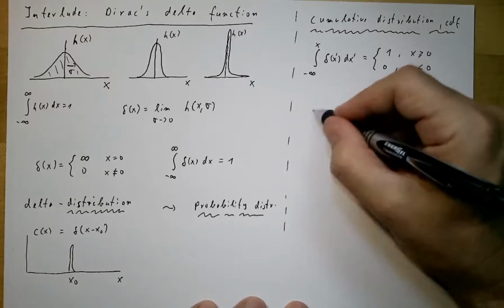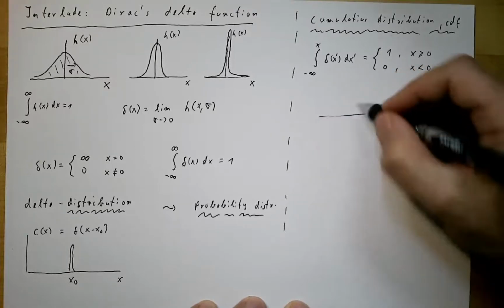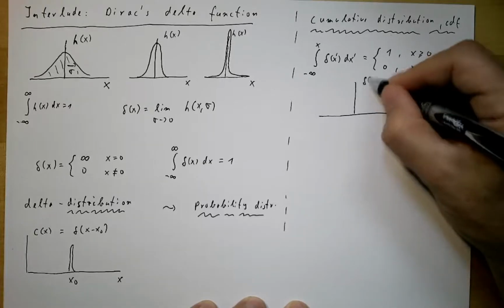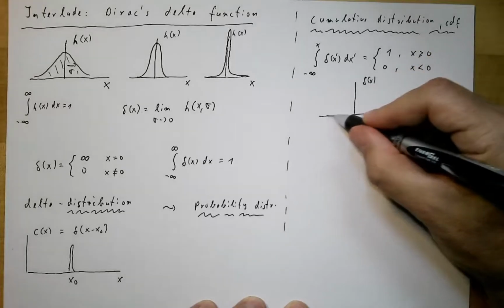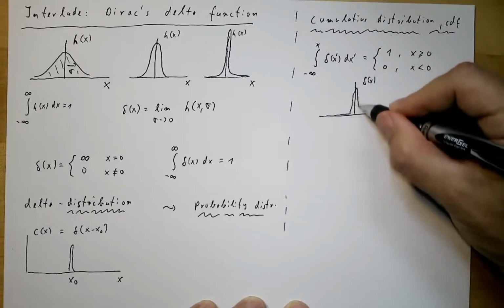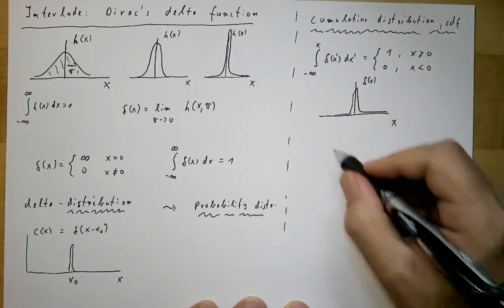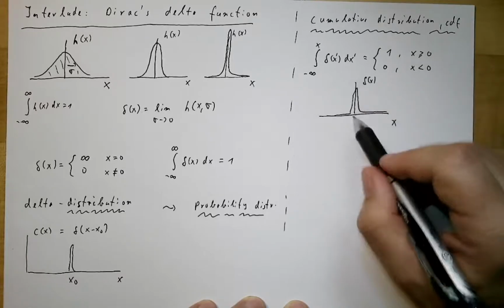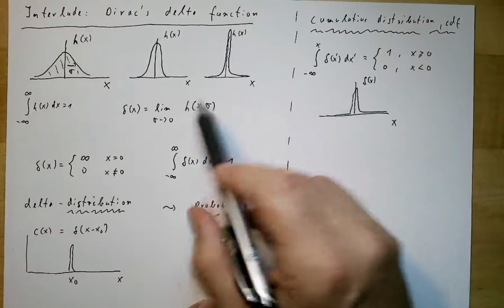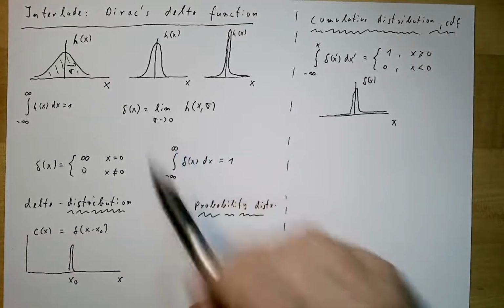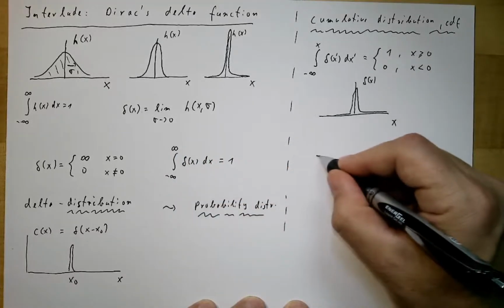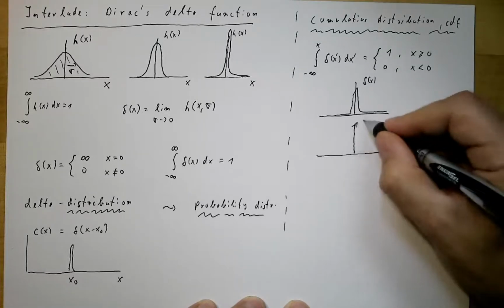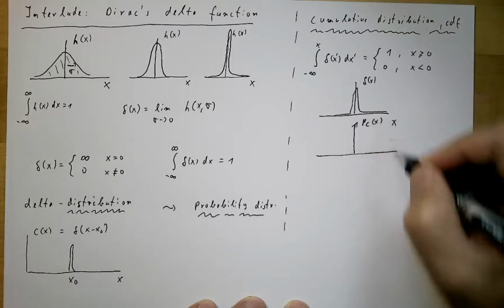So if we have here the delta of x, which is like this, and of course when I want to visualize this, I sketch a value with a finite sigma. And so what is the cumulative distribution, P smaller of x?